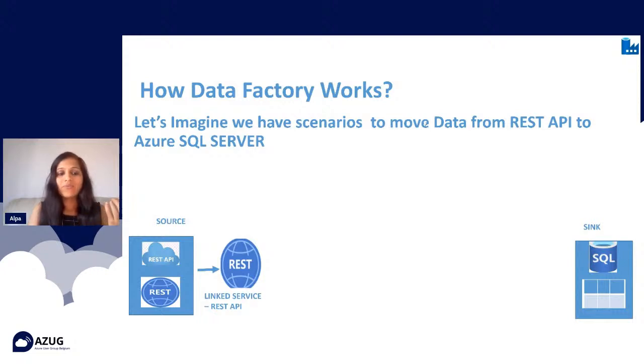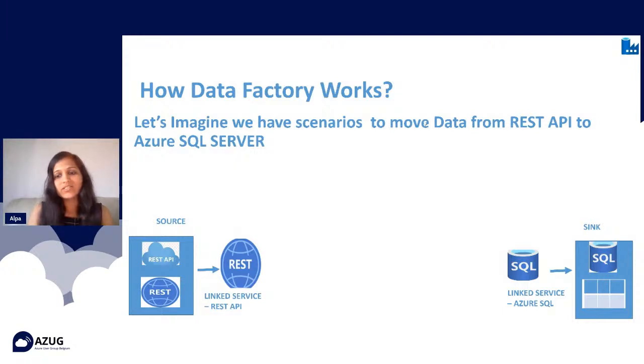So I have now created my linked service as a source linked service, and it's pointing to a REST API. It has the information about which REST API we need to call and how to call it, with which user authentication information used, like username and password. So this is my source linked service, and this is my sink linked service.